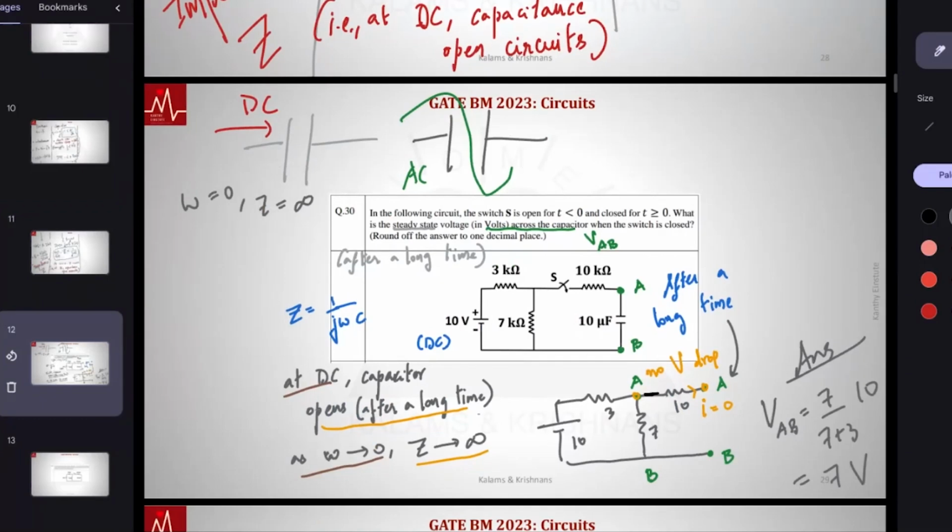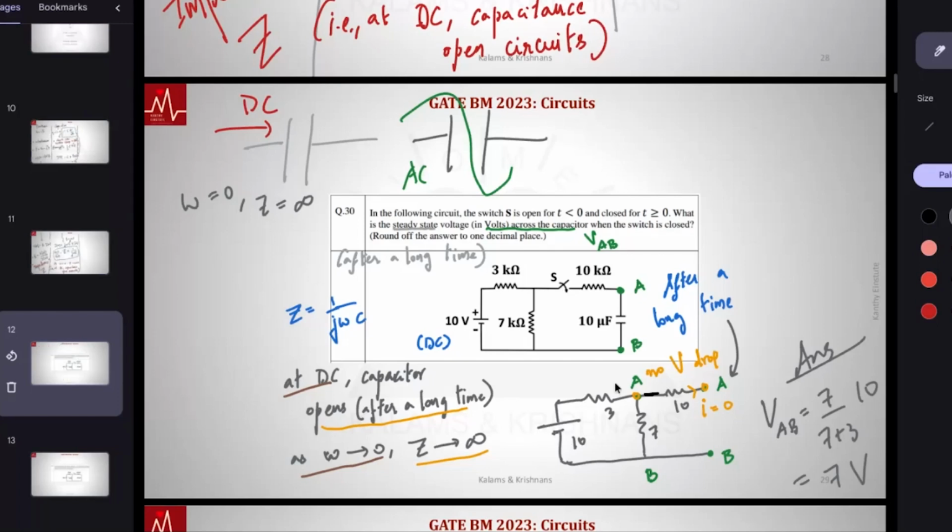What happened? The circuit with the capacitor became a circuit with only resistors, which is like home turf. We know how to handle that problem. So one simple thing, circuit becomes all of a sudden a familiar circuit. It's a resistance capacitor circuit, but for what they are asking, this is a resistor circuit. How to solve?